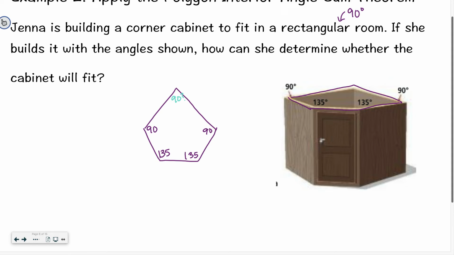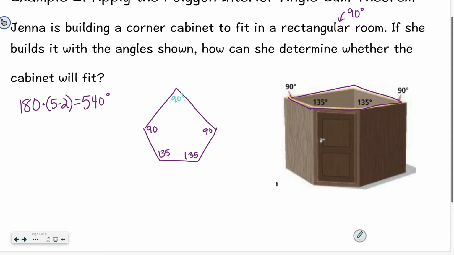So the way I can figure that out is I have a 5-sided figure. That means that there's a grand total of 180 times 5 minus 2, and that will give me 540 degrees. So I know that's how many degrees are on the inside of this shape.